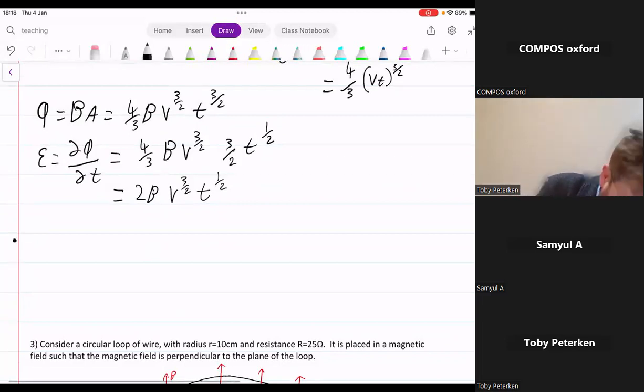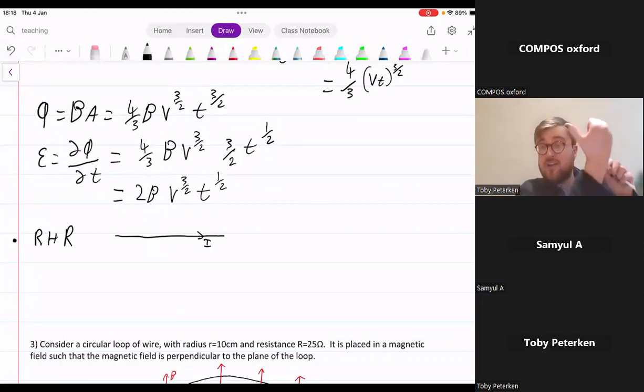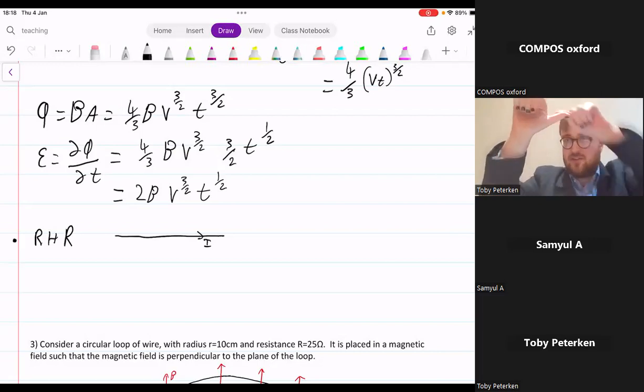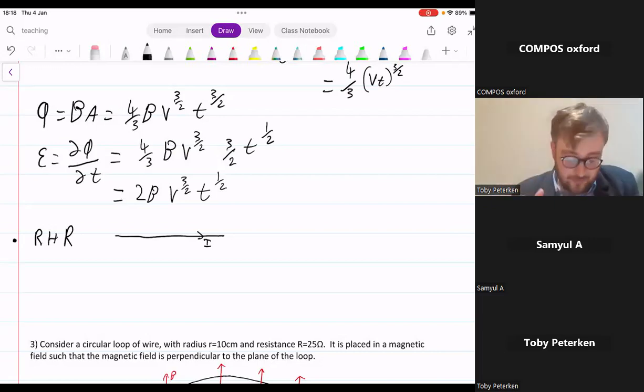Firstly, remember from the right-hand rule that if we have a current carrying wire that way, and the current's going this way, and we take our right hand, then the magnetic field it creates loops around it like this. So they're the fingers. The current is the thumb. The magnetic field curls round with the fingers.